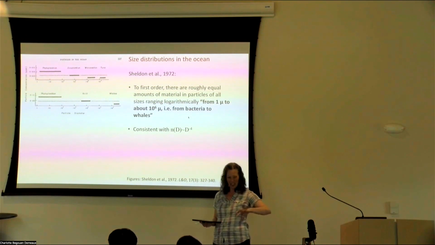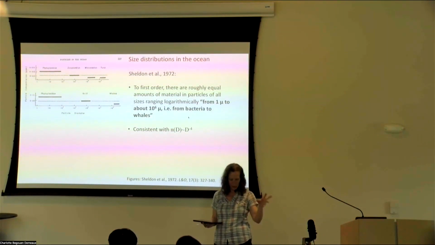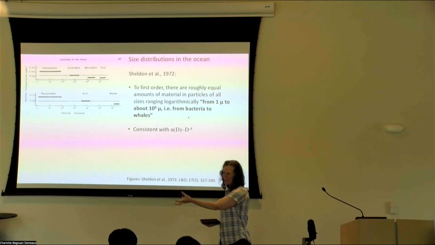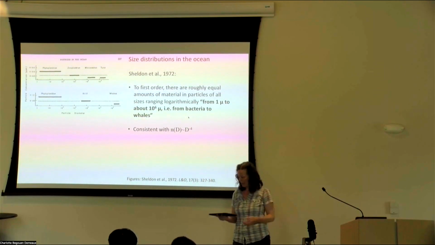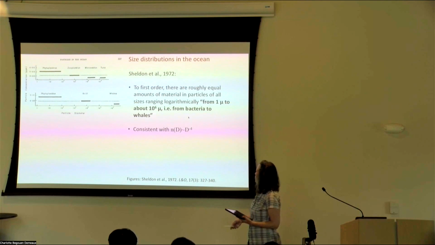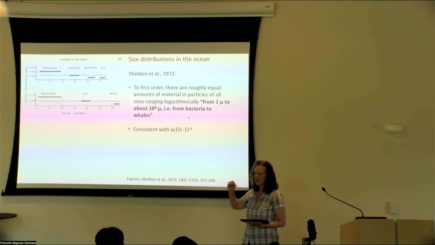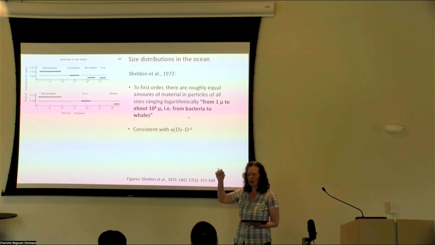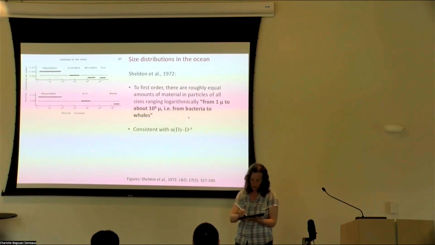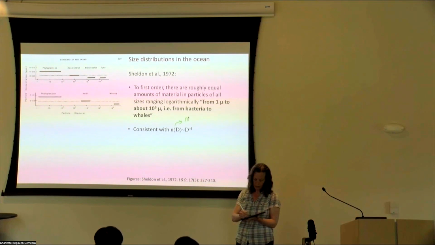If you look at the amount of stuff in the bacteria size pool and the amount of stuff in the whale size pool in log-spaced bins, it would be about the same. And this, which I think Emmanuel has already said, is consistent with a number size distribution that has a diameter raised to the power of -4 dependence. So N(D) here is the number of particles as a function of diameter.